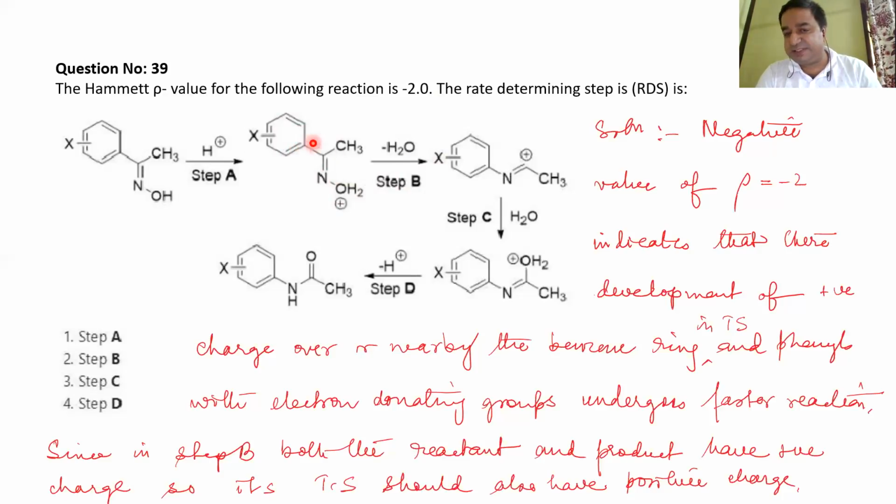In the due course of the process, the positive charge will be generated near the phenyl group. So over here, step B will be our rate determining step. All right. And I hope that answers the query that you had.